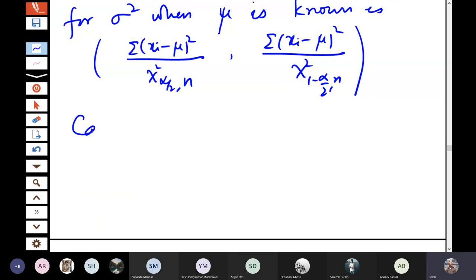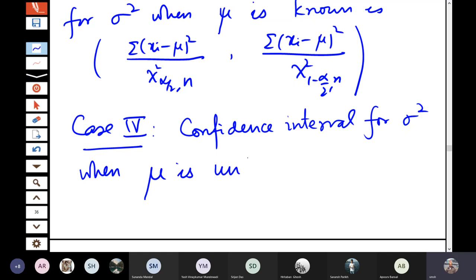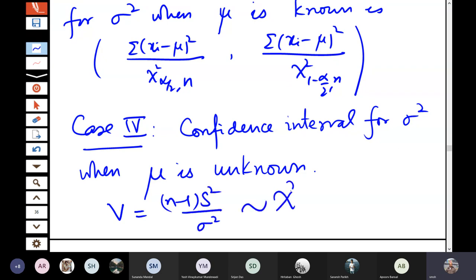So case 4, let me consider. Confidence interval for sigma square when mu is unknown. In this case we will make use of V, that is equal to (n minus 1) s square by sigma square, that follows chi square distribution on n minus 1 degrees of freedom.